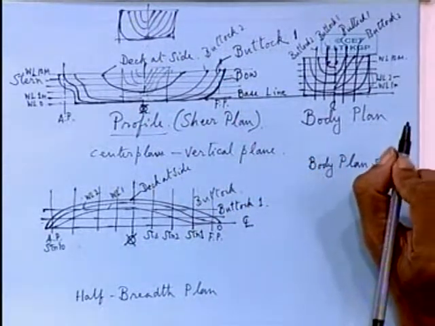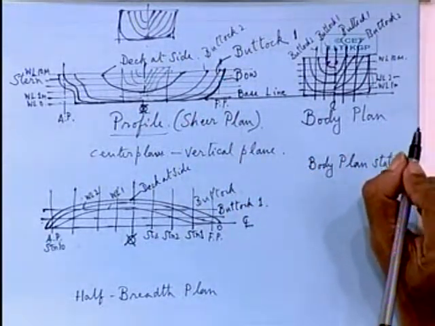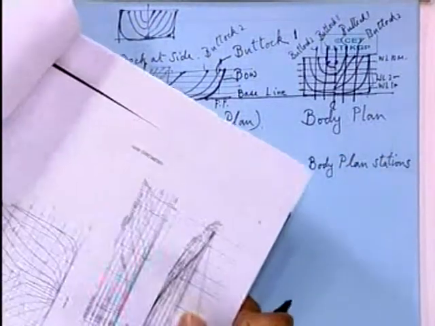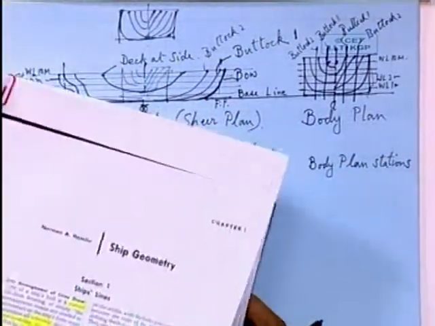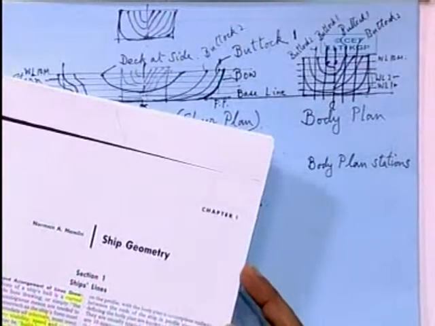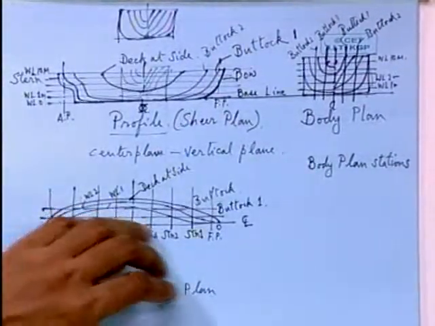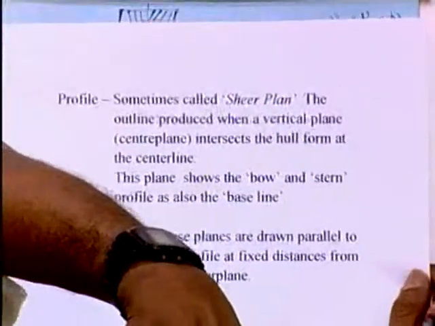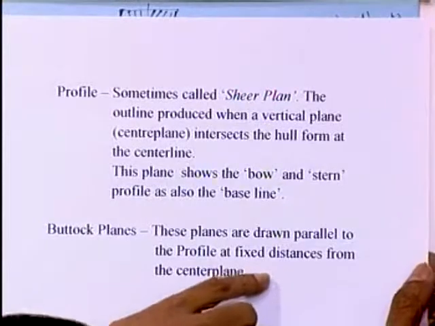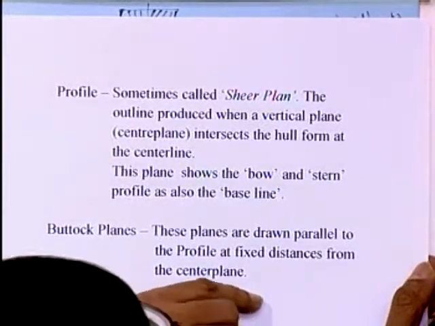So now we have got these 3 views, and of course, coming back to the definitions, you write that buttock planes are planes drawn parallel to the profile at fixed distances from the center plane.